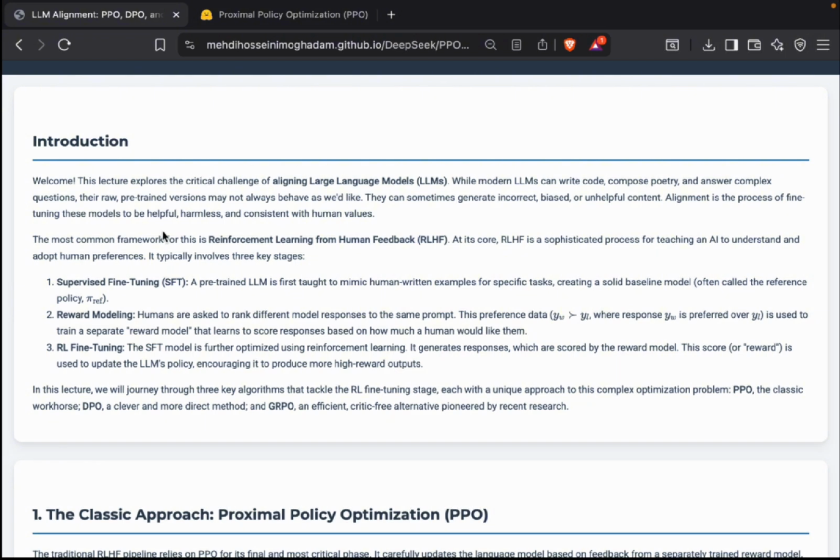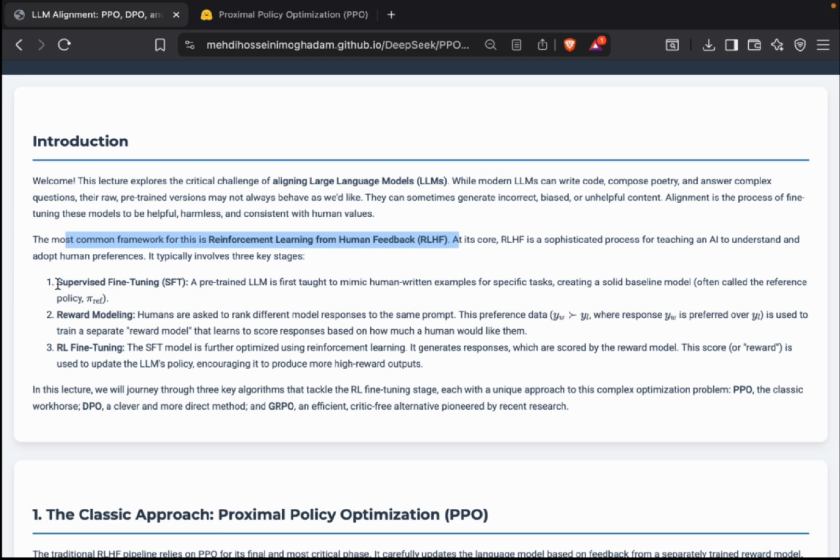But how is it possible? The most common framework for this is reinforcement learning from human feedback, RLHF, in which we try to teach the model from human feedback or human preference what is the best way to, for example, answer a specific question, or what is the framework that you need to work on, something like that.